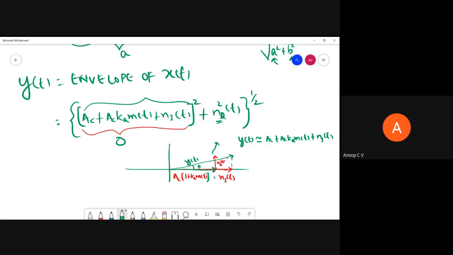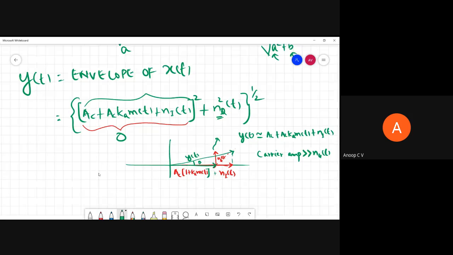That's why I've represented it as a phasor. As carrier amplitude is much greater compared to noise, this nq of t can be neglected, right? So how it actually happens, that's what I've demonstrated.